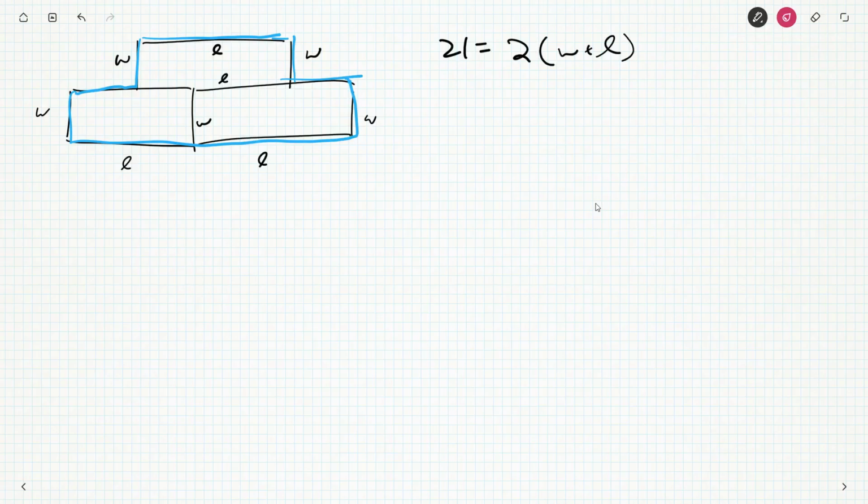Well, I'm going to say that it's three copies of the perimeter minus, we count this W twice, and it's not even in the perimeter, so minus 2 W's.